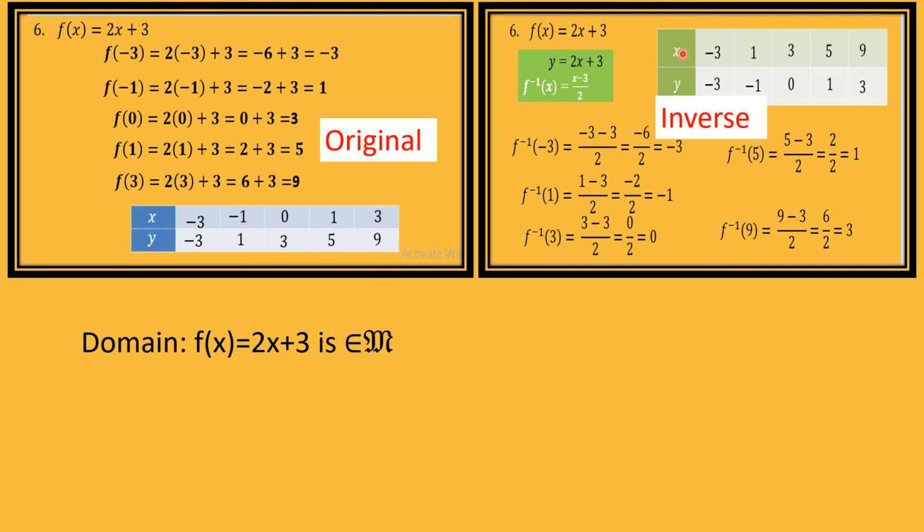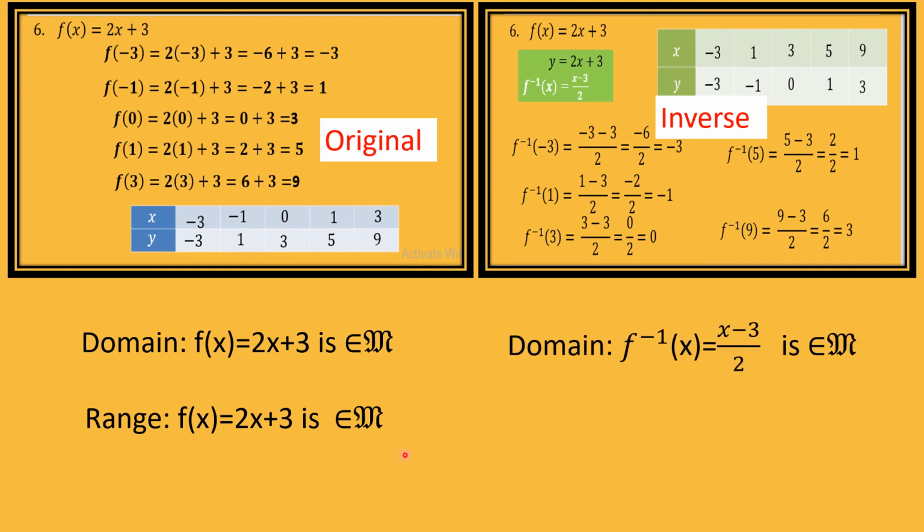So, ang domain po ng ating original function, f of x is equal to 2x plus 3, is element of real number. And our range in original function, f of x is equal to 2x plus 3, is element of real number too.